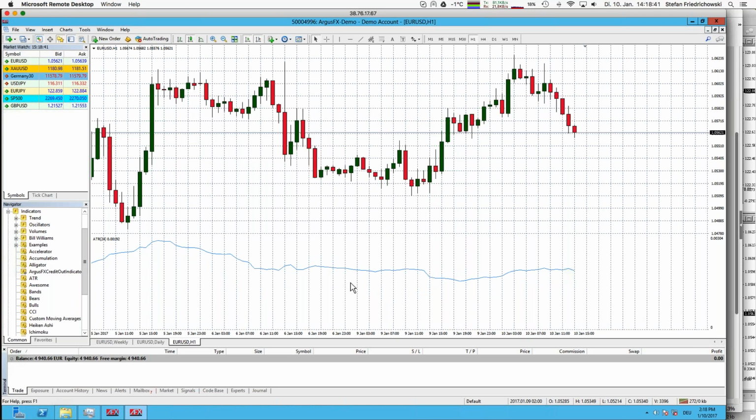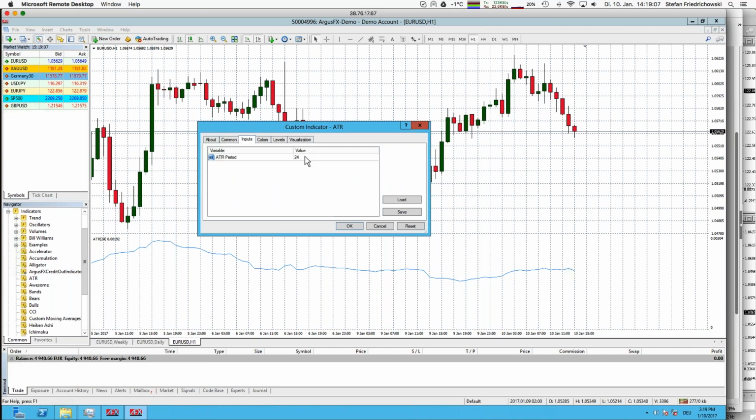So my personal recommendation is to have two ways of how to set up that period. One is to take a typical period and then think about double that. That means, for example, H1 has 24 hours, that is 1 day. So my preference then would be 48. So just double that value.